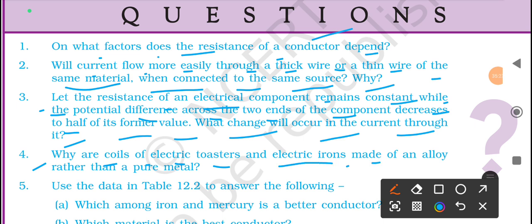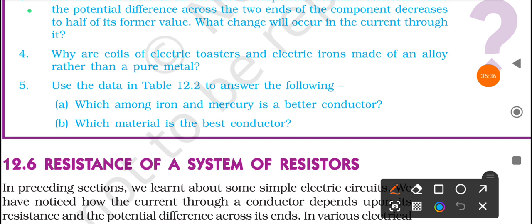What change will occur in the current through it? Why are coils of electric toasters and electric irons made of an alloy rather than a pure metal? Use the data in table 12.2 to answer the following. Which among iron and mercury is a better conductor? Which material is the best conductor?